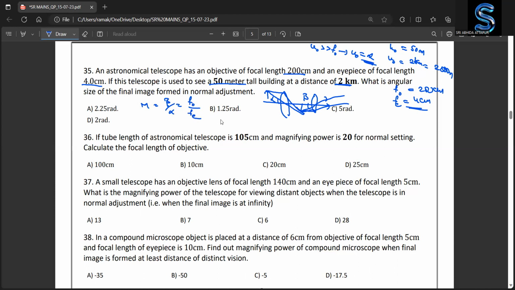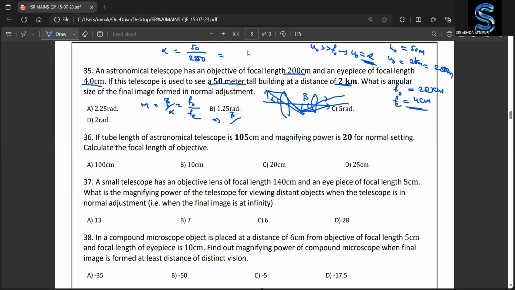Then by substituting the values, alpha equals 50 meters by distance, h naught by u naught, which is 50 by 2000.